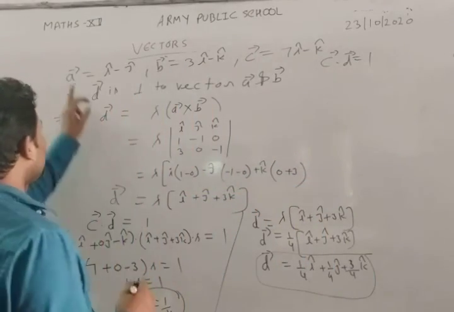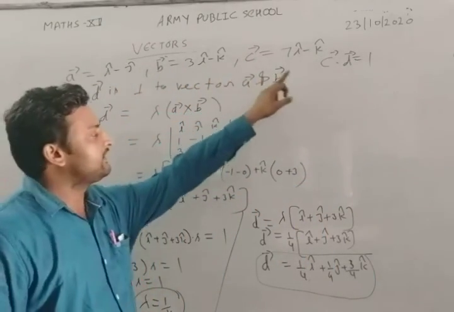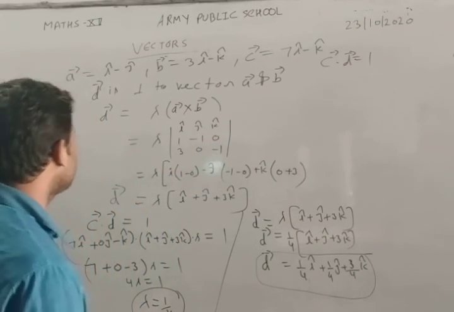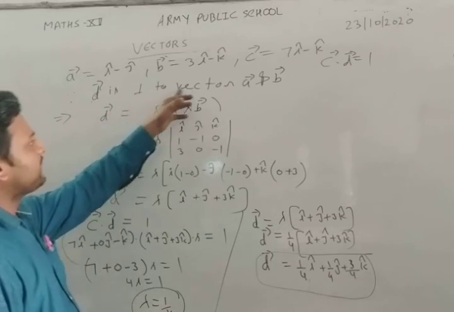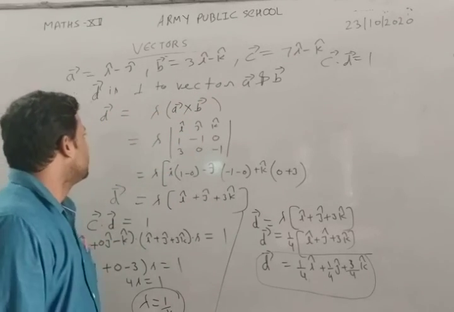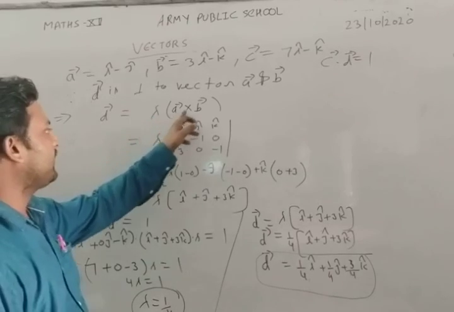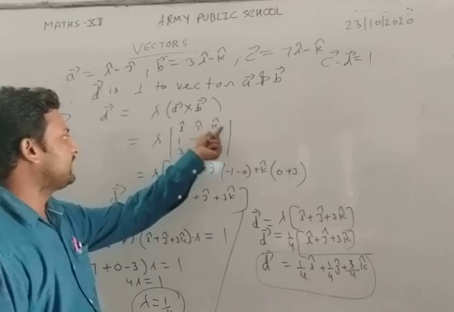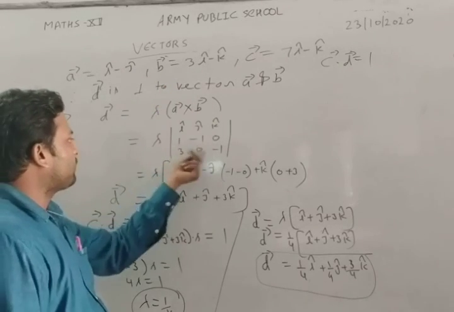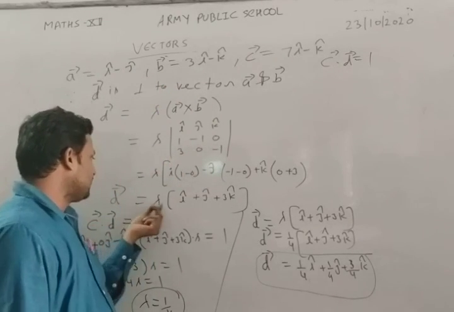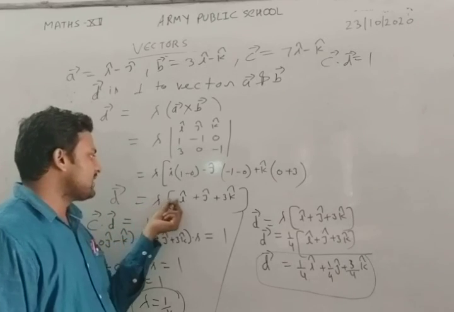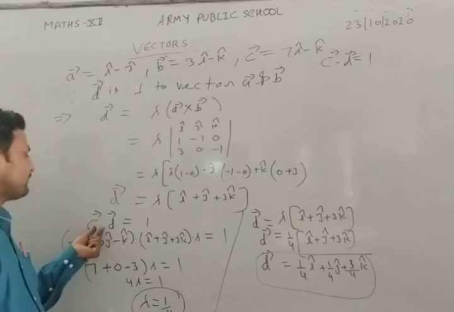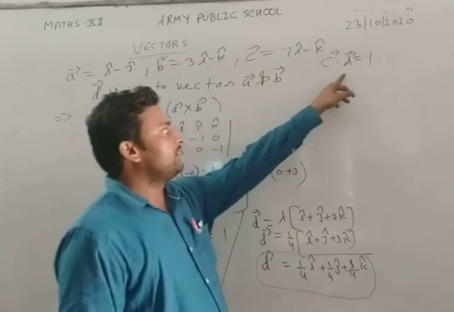What we have done? A is this, B is this, C is this, and C dot D is 1. Our vector D is perpendicular to vector A and B, so vector D is lambda A cross B. We put the values of vector A and vector B and find the vector D, which is lambda i plus j plus 3k. Now we have another condition, C dot D is 1.